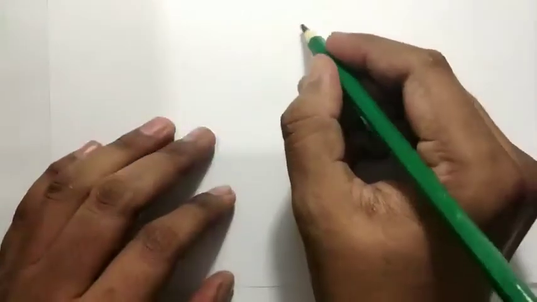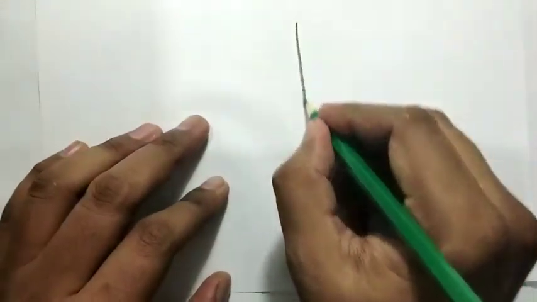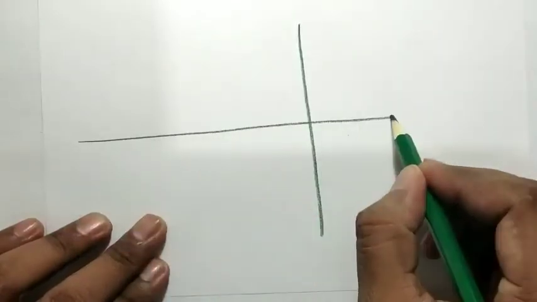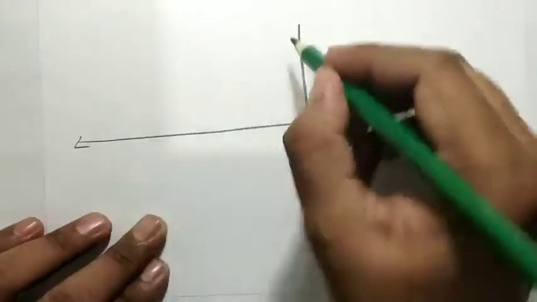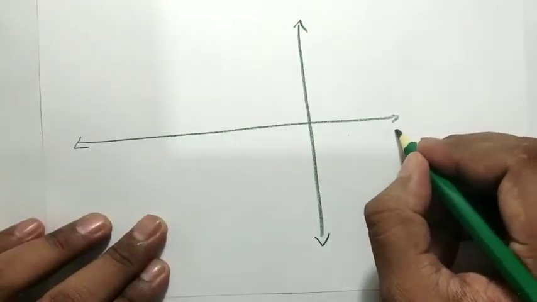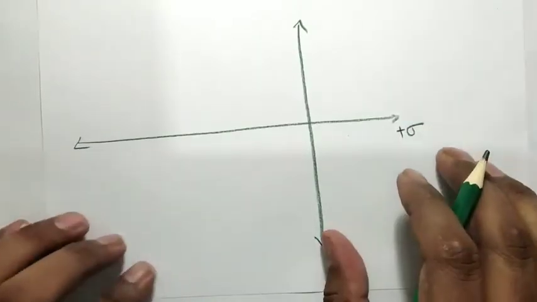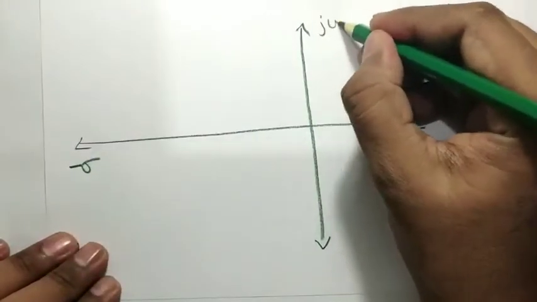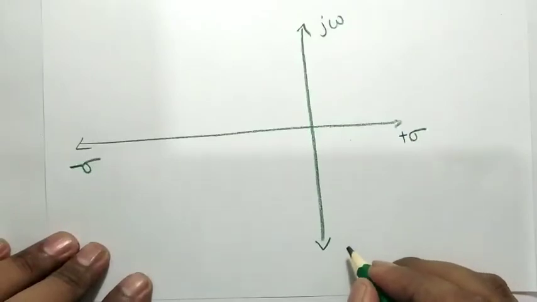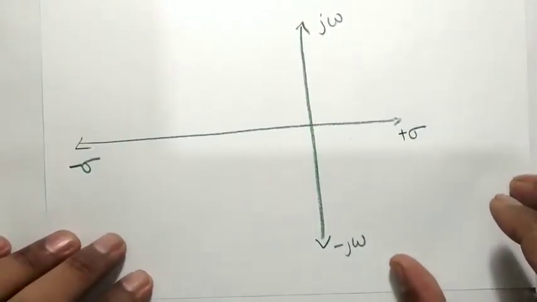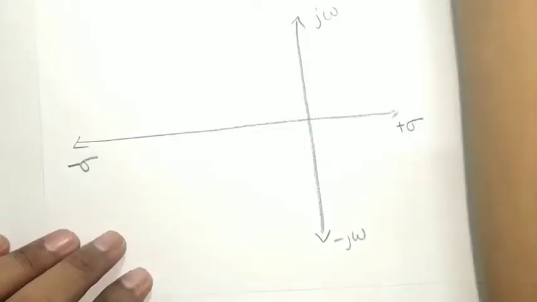So you take the S plane. This is positive sigma, this is negative sigma, this is j omega, this is minus j omega. This is the given transfer function.